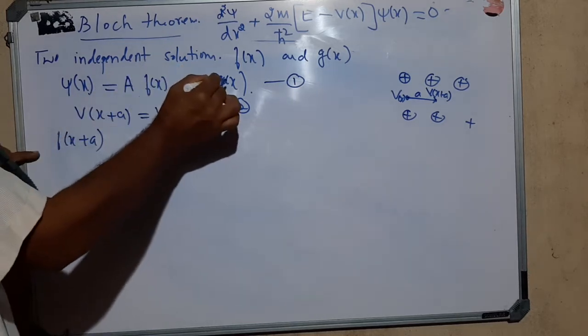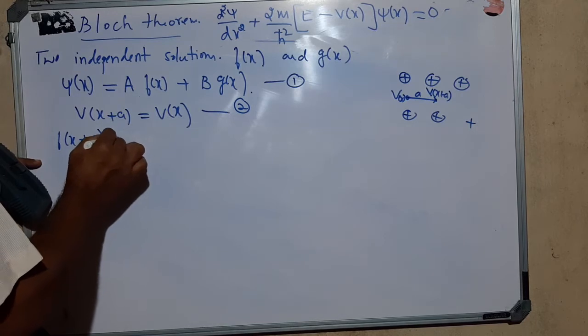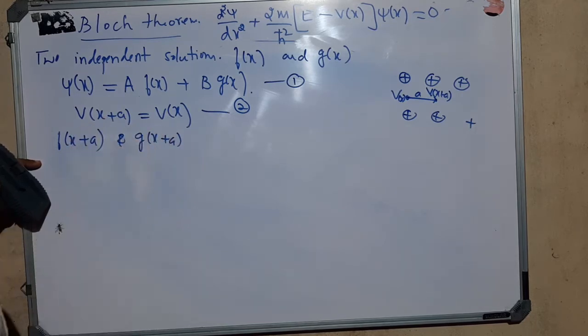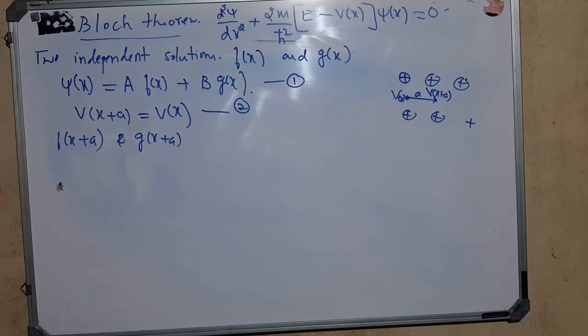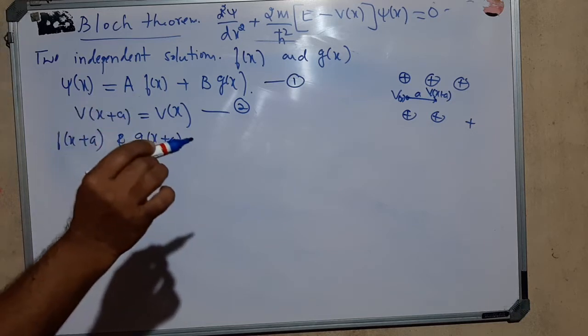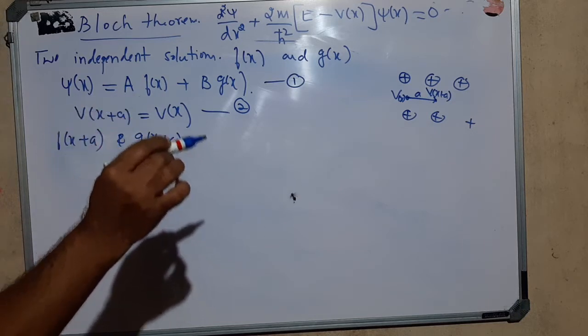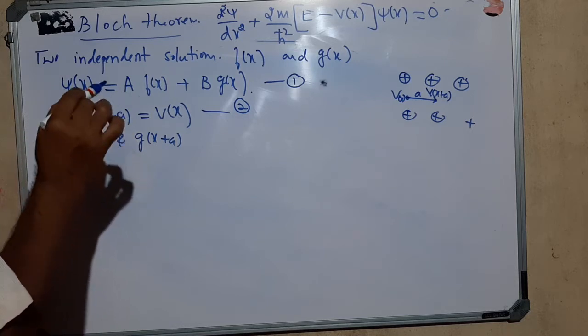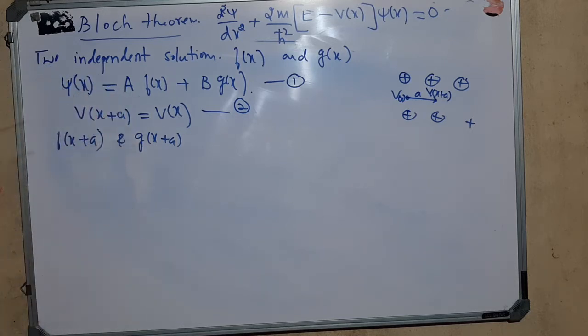If g of x is one independent solution, then g of x plus a is also an independent solution. Therefore, due to periodicity, f of x plus a and g of x plus a are also two independent solutions.